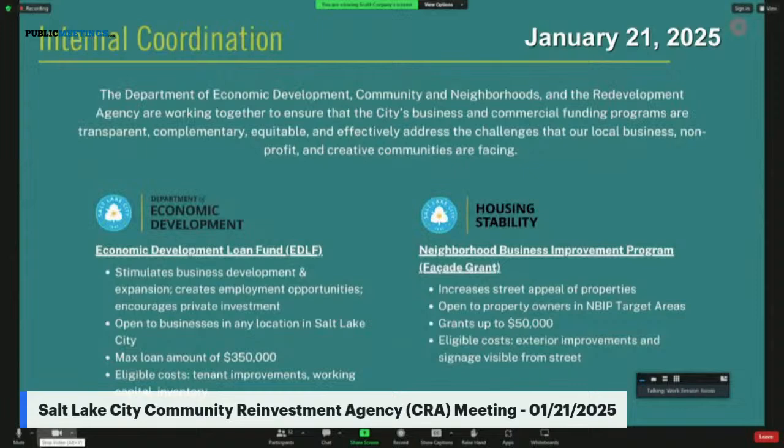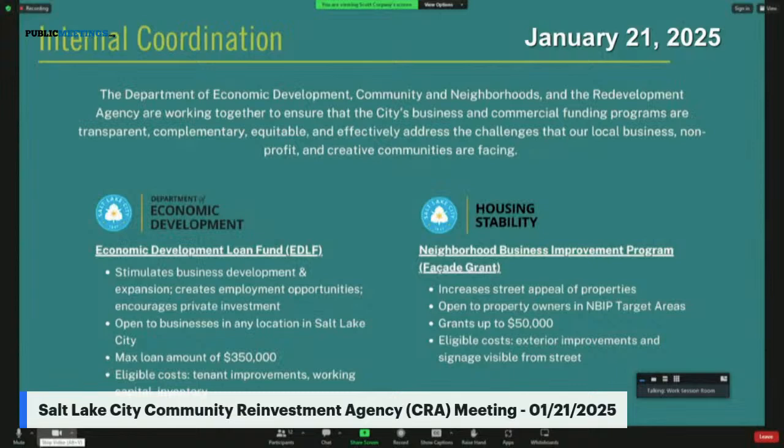We want to quickly note that our proposed changes to this program are designed to complement the tools that the Department of Economic Development and Community and Neighborhoods is offering the community. We've been working in collaboration with them over the last few months, and what we found is that their programs are tailored for shorter term, smaller budget projects, and the CDLP is aimed more at providing construction loans for larger development projects and improvements that stay with the property.